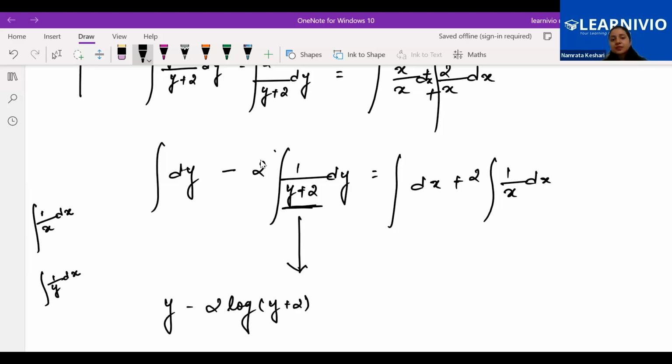So whenever there is a change, yesterday I was telling you what to do for that. We bring 2 outside. I was telling you the chain rule, when we are having integration, then we will be keeping it in the denominator. Differentiation of 2 is 0.